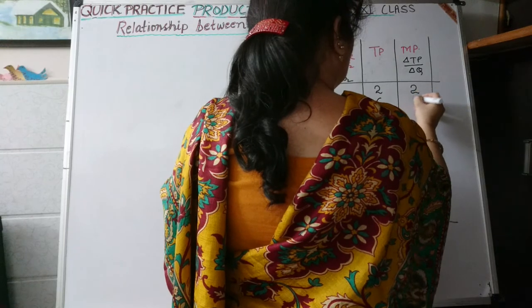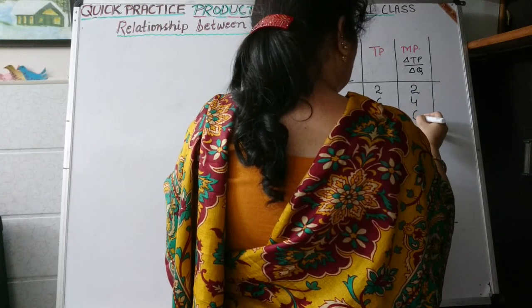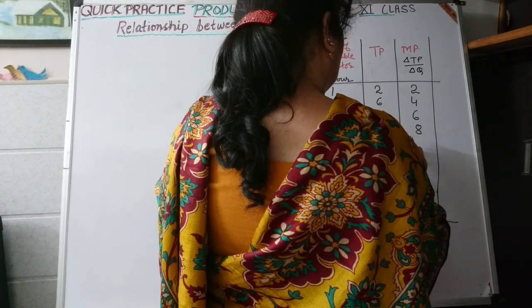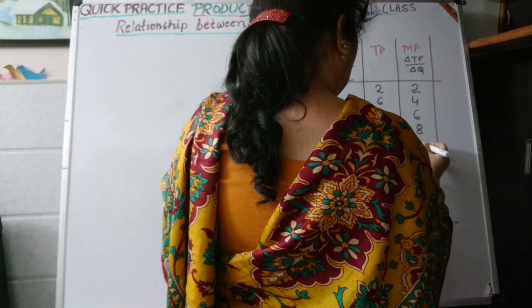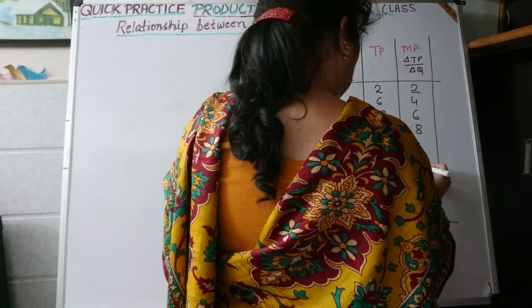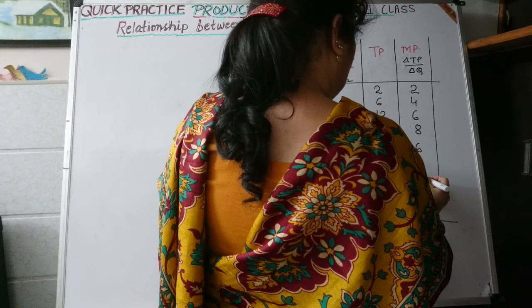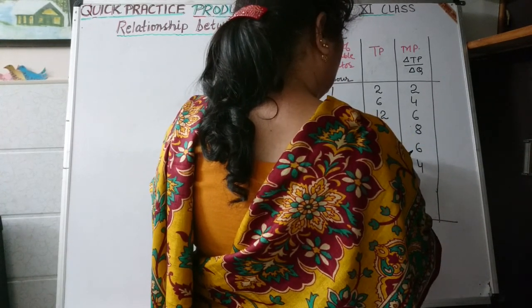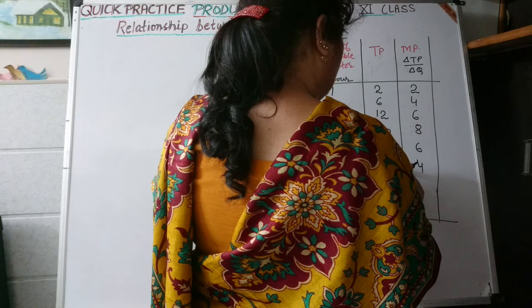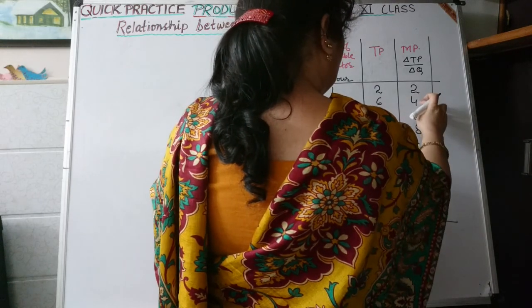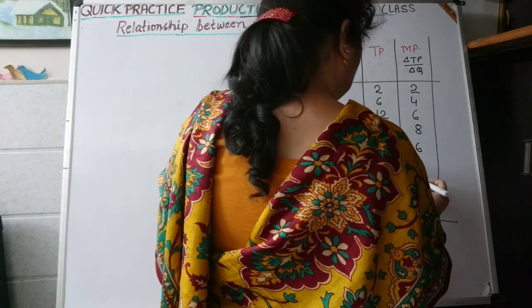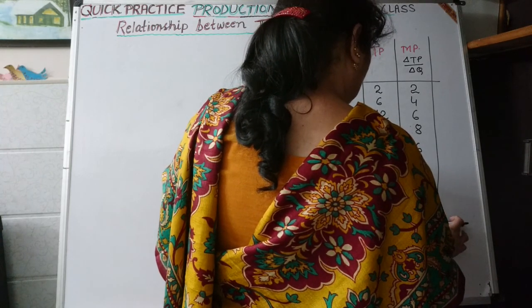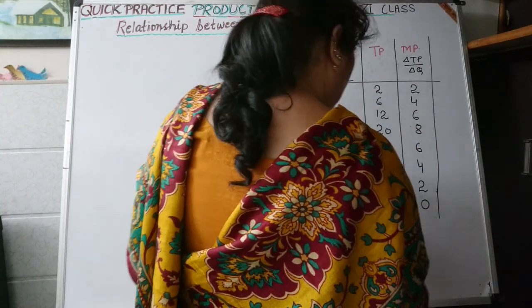Number 1, 2, 4, 6, 8, then 6, 4, 2, 0, minus 2.